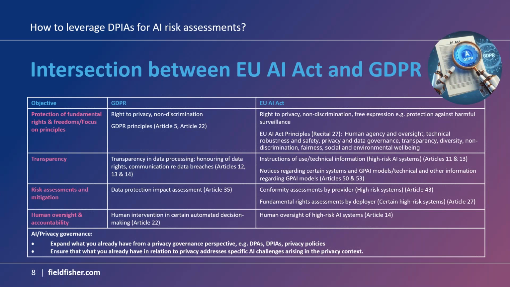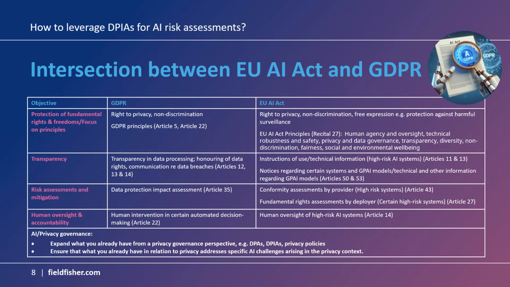So I suppose when we think about AI and privacy governance generally, two key things that you need to do are to expand what you already have from a privacy governance perspective. So basically widening out your approach to DPIAs, etc., so that they cover any necessary new requirements under the EU AI Act to the extent that your system or model is caught by that Act. But also ensuring that when you're carrying out a DPIA in respect of your data processing, that you address the specific AI challenges that are arising in a privacy context.